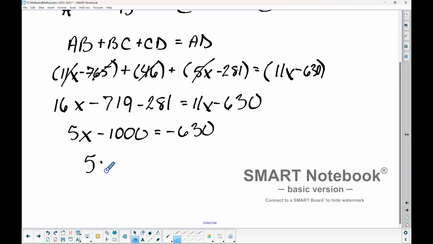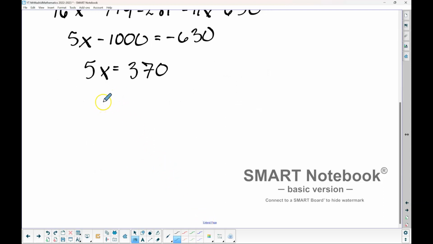So I got 5x, and I'm going to add 1,000 to both sides, which leaves me 370. Five goes into 37 7 times, 20 is left over, so 74.